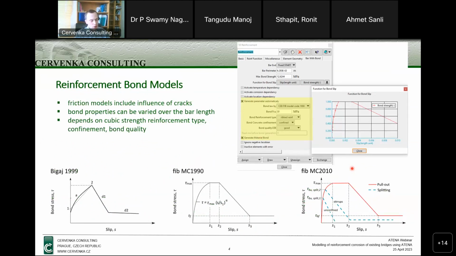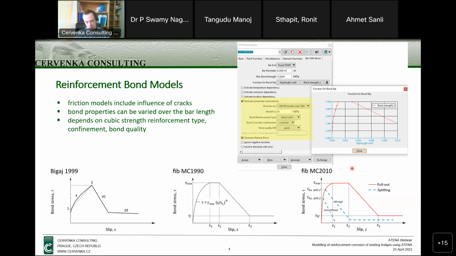One more note to the bond slip models available in ATENA, which can be applied for the reinforcement. This means that in ATENA, if we want to simulate the discontinuity between the bar and the concrete, we add one additional degree of freedom to the reinforcement.